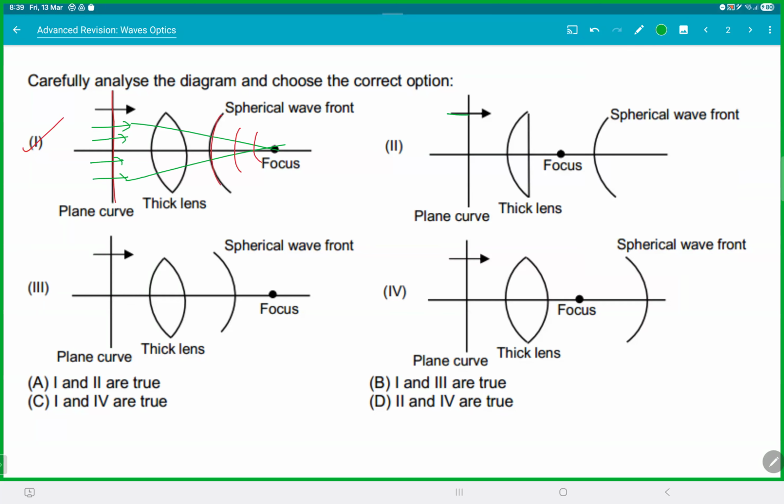If you send light rays parallel to this lens, they will meet here and then diverge. So the wavefront should look like this, isn't it? So this is wrong. That is how you check. When you send parallel light rays again here, they will try to meet at the focus, so the wavefront should look like this. Yeah, that looks nice, right?